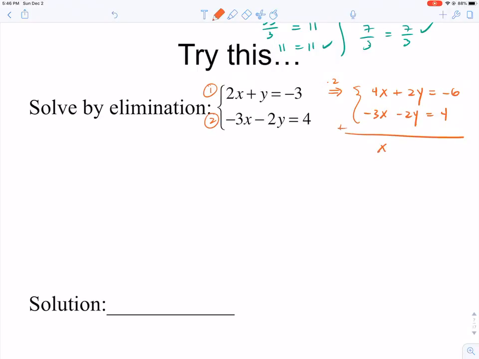Okay, when we add together, we'll get x equals -2. And I'm going to substitute back into the first equation. So if we add 4 to each side of the equation, we'll get y is equal to 1.